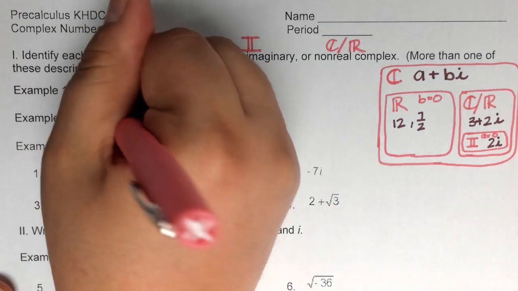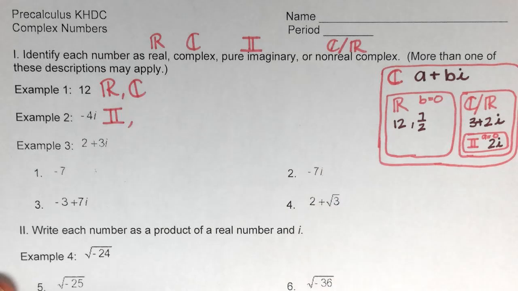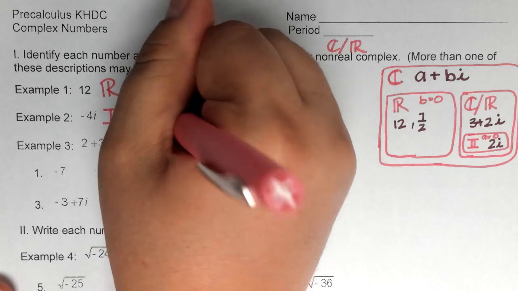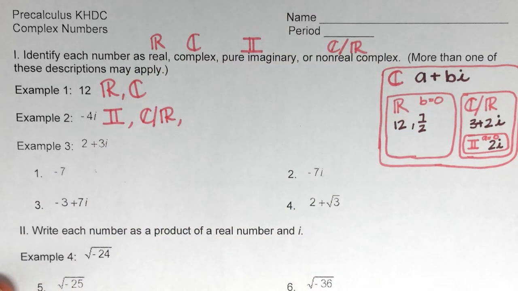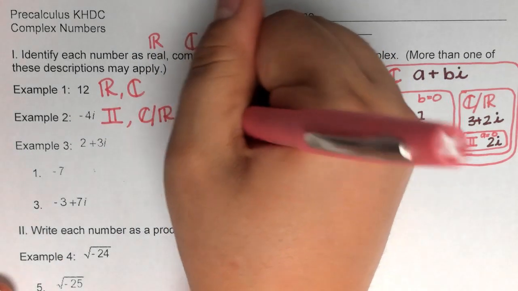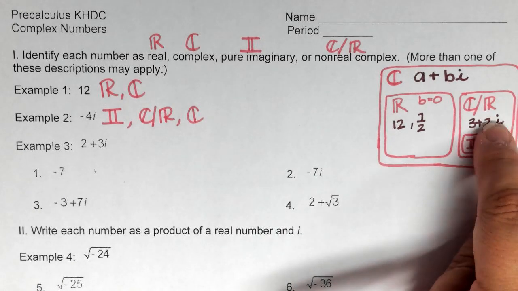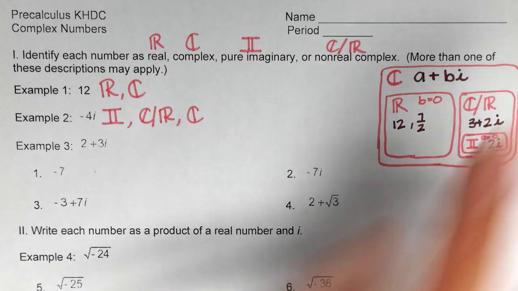That's pure imaginary, and if it's pure imaginary, what else does it fall under? Non-real complex, which is also a complex number. So this one right here falls in all 3 boxes.